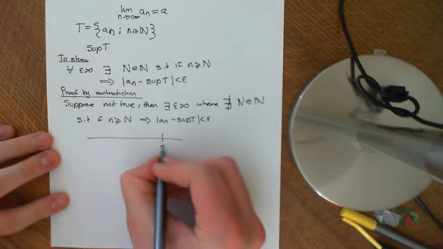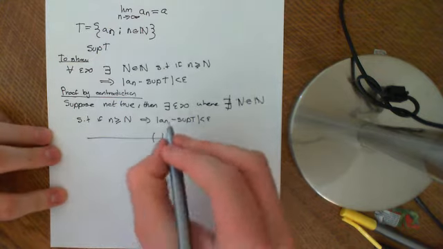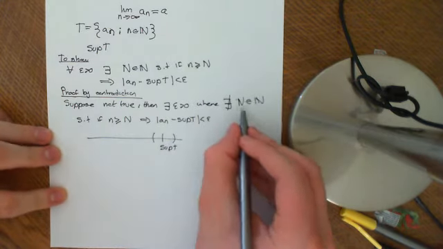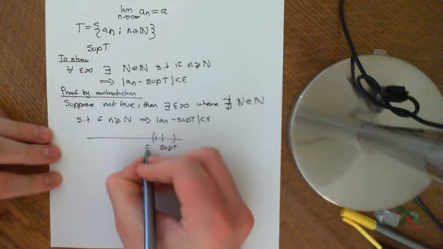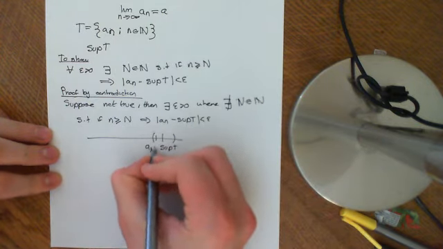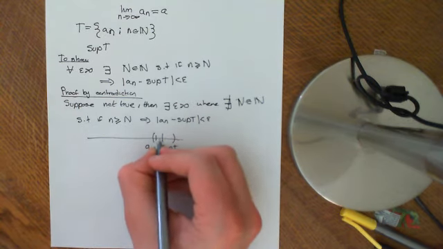So if we draw a picture, sup of T, we have some ball of radius epsilon around here. There is no big N, an element of the natural numbers, such that a_N is within here, and any point beyond it is also within here.